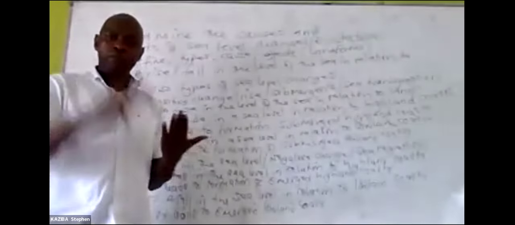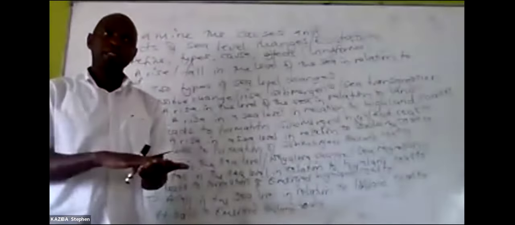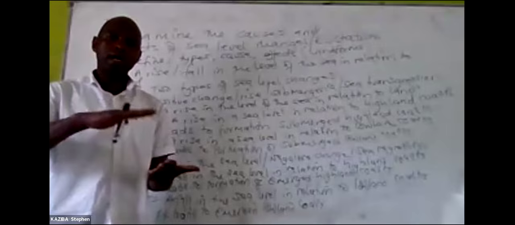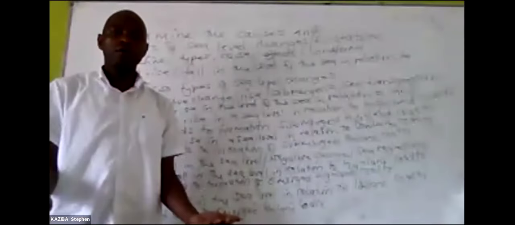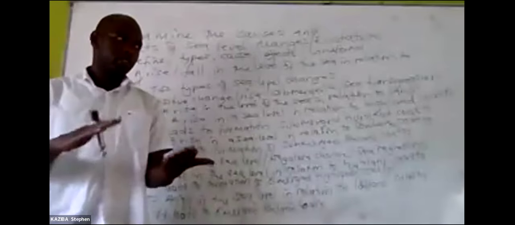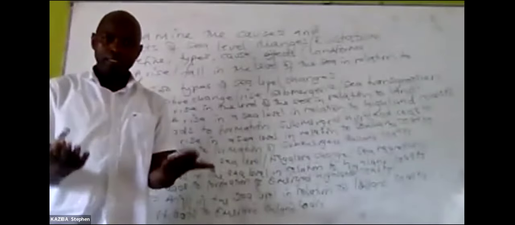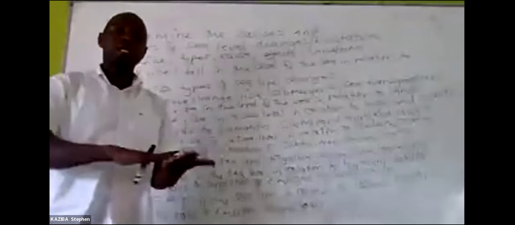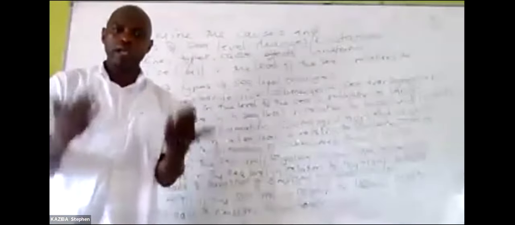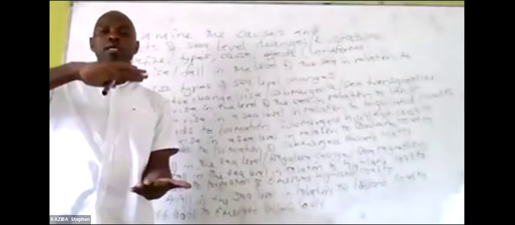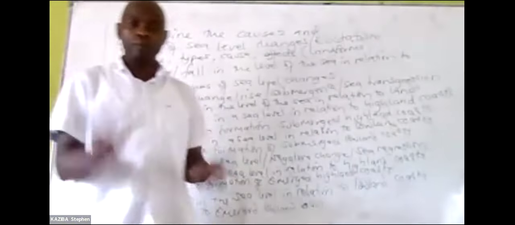Then you go to a fall. If it happens in the lowland, when the water level goes down, what was covered emerges. So you have the formation of emerged lowland coasts. When the water level falls and the coast is a highland, you have the formation of emerged highland coasts.